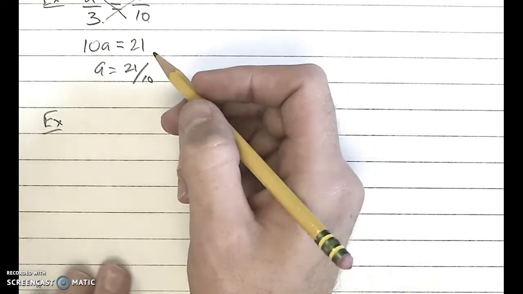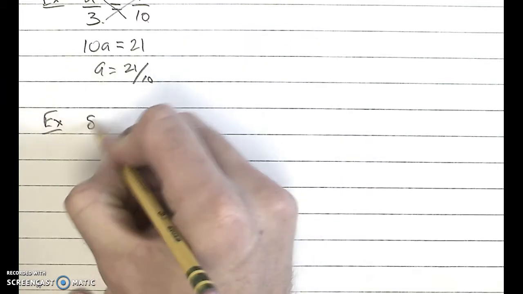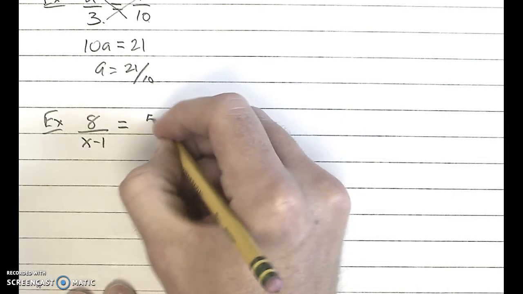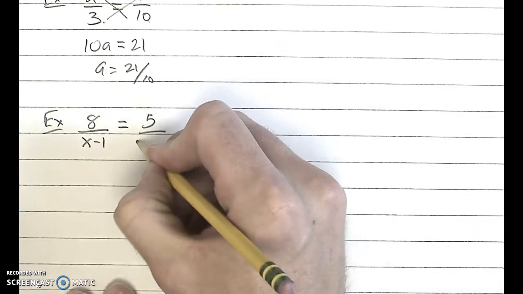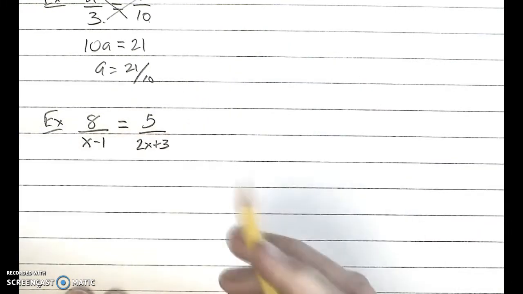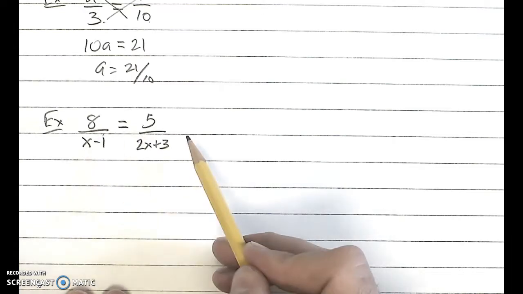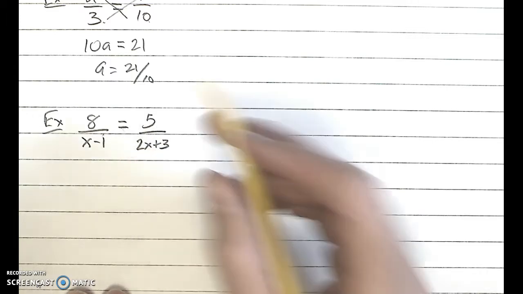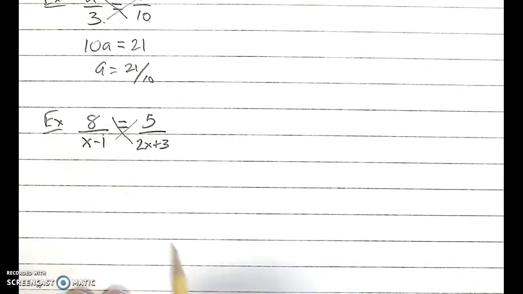For example, if we have 8 divided by x minus 1 equals 5 divided by 2x plus 3, we have a fraction equals a fraction, so we multiply across and then just solve from there.